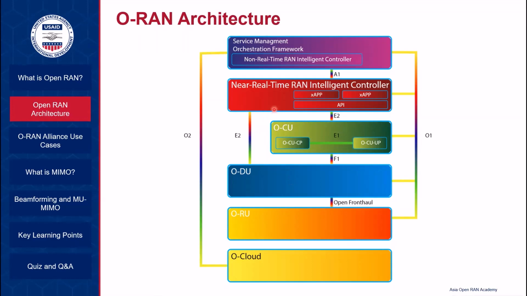Kasama dito yung monitoring, suspension and stopping, override and control of the primitives behavior of the O-RAN nodes. Okay? Yung mga parameter changing ng mga O-RAN nodes ito inaano ni near real-time RIC, galing kay non-real-time RIC na mga policy guidelines.